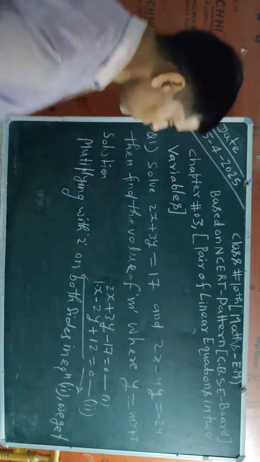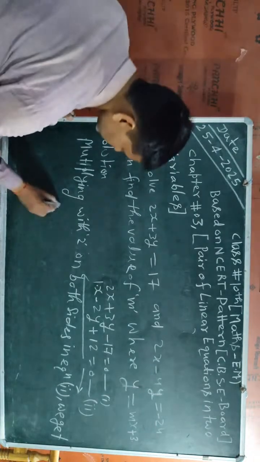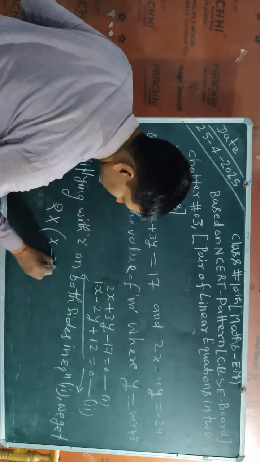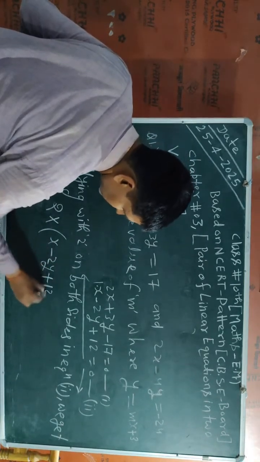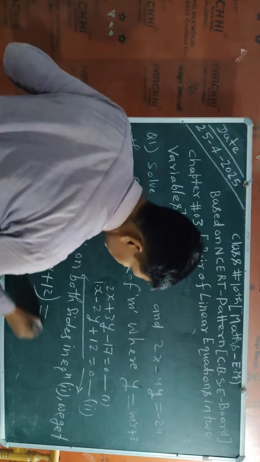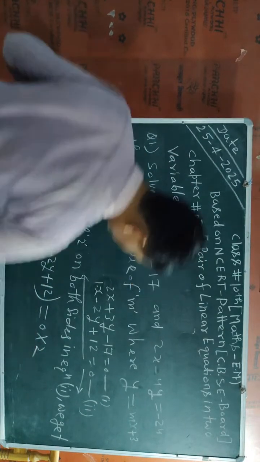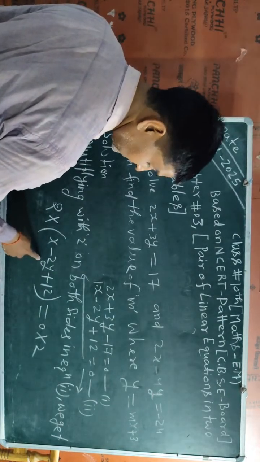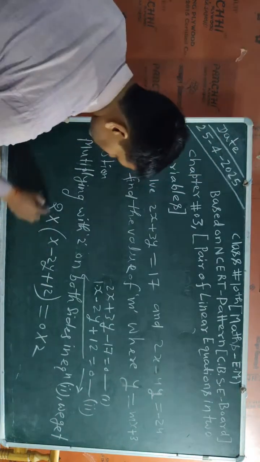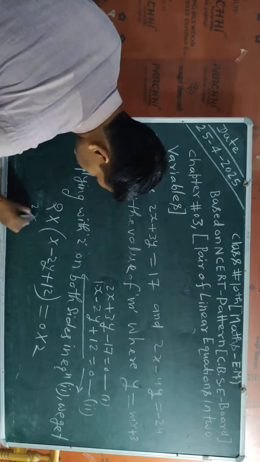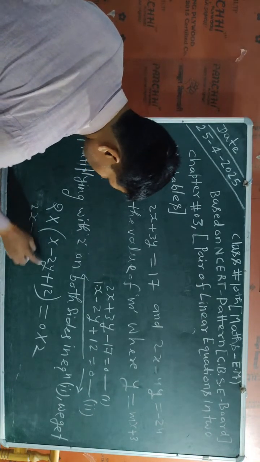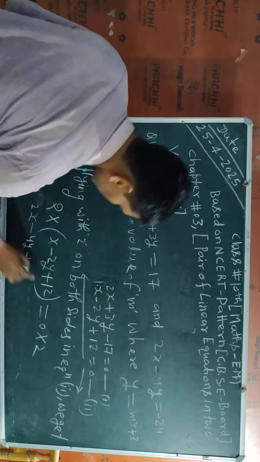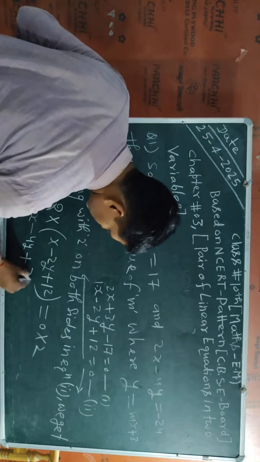After multiplying we will get the required information. So 2 into, in the bracket, x minus 2y plus 12, and on the right hand side 0 into 2. So 2 is multiplied with x, with minus 2y, and with 12. 2 into x will be 2x, minus 2y into 2 will be minus 4y, 12 into 2 is 24.